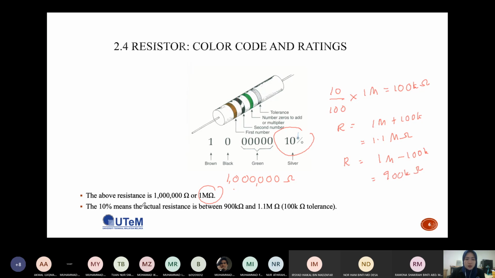So the actual value of the resistance is between 900k and 1.1 mega ohm, because it has a plus minus 10% tolerance, which is equal to 100 kilo ohm.